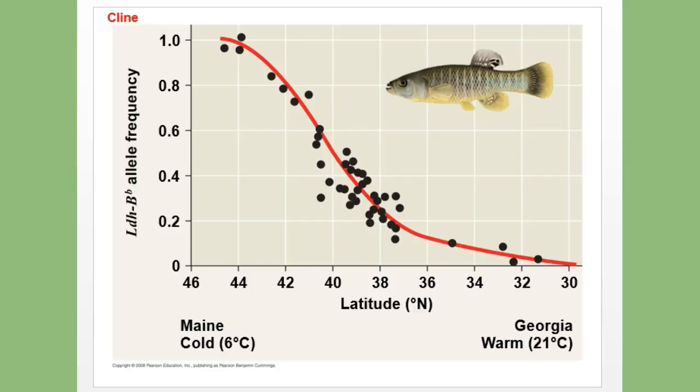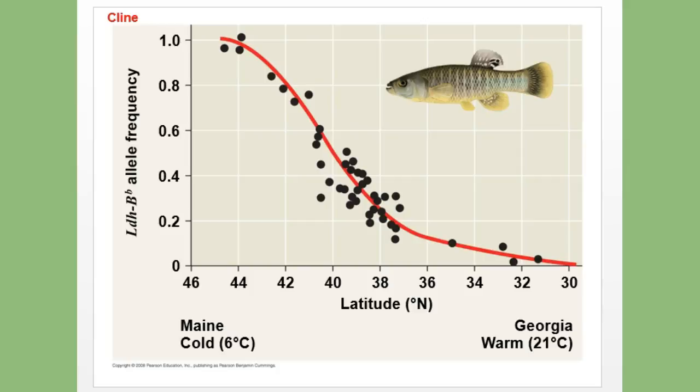In the mummichog fish, the frequency of the specific allele being studied for the enzyme lactate dehydrogenase B, which functions in the fish's metabolism, decreases in fish sampled from Maine to Georgia. The allele codes for a form of the enzyme that is a better catalyst in cold water than the other variations of the enzyme. Individuals with this allele can swim faster in cold water than individuals with other alleles.